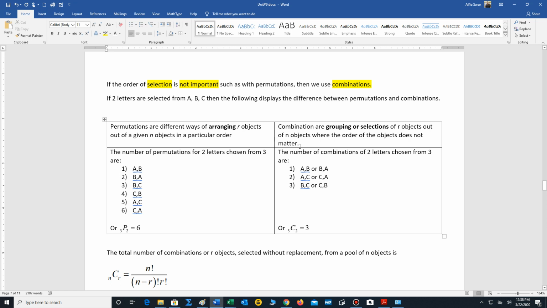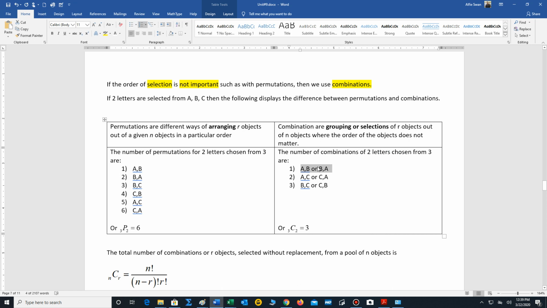Now, let's say that we don't care about the order. In that situation, we're dealing with what are called combinations. They're basically groups. We're counting the number of groups of 2 that contain the same letters. For combinations, we're going to treat AB as the same as BA.